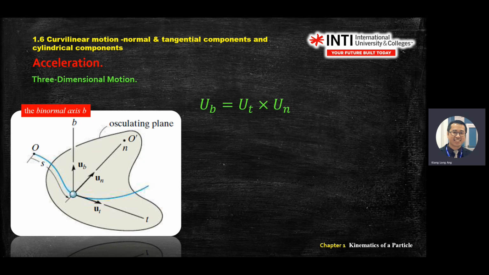If you look at the table, you use your right hand rule. UV is your thumb. UT cross UN, you get UB. So when you curve your fingers from UT to UN, you get UB. This is how you use your right hand rule.